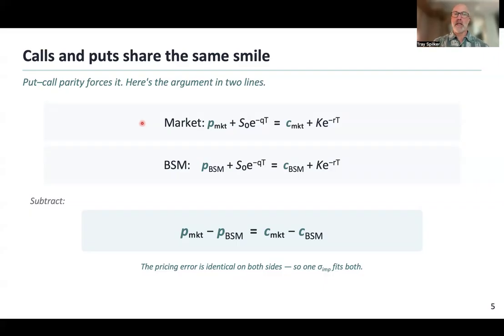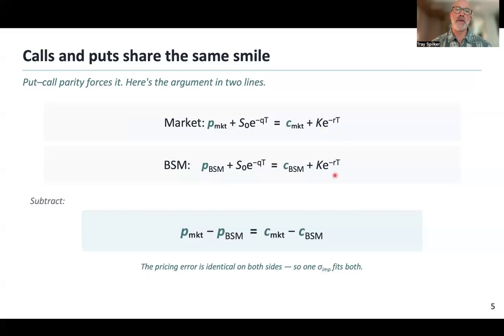So, for example, if you look at the market equation here, if we have the price of the put option according to market prices and the discounted present value of the share price based on the yield, this is for a typical index, if you will, and we set it equal to the call price observed in the market plus the present value of the risk-free rate of the strike price, it should look very similar to the Black-Scholes model. And you'll notice here the only difference is the subscript.